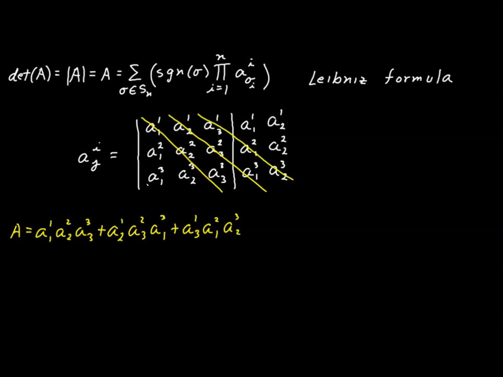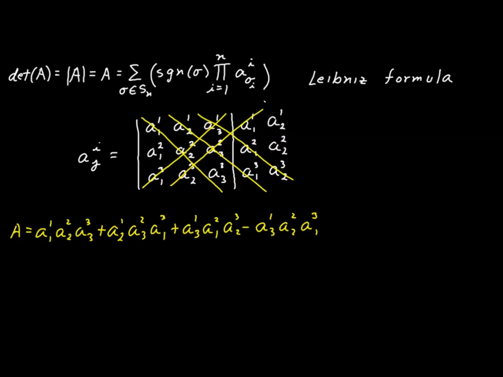Now we do the same thing in this direction. We take this diagonal, forming a product of terms A13, A22, and A31. Only this time, when we go in this direction, we'll use a negative sign.